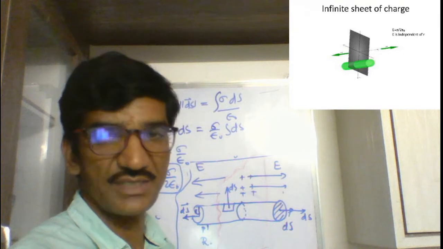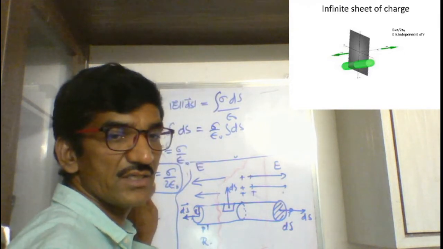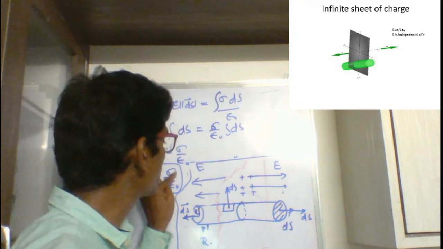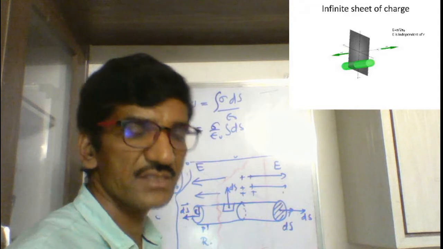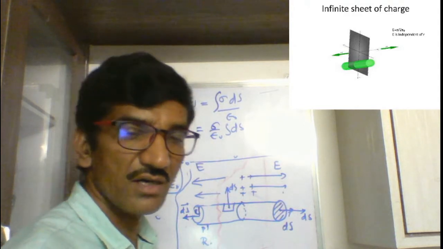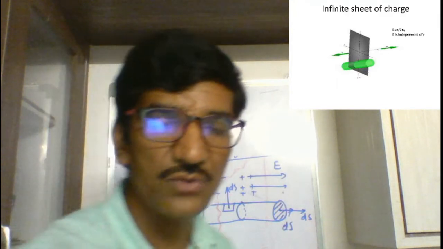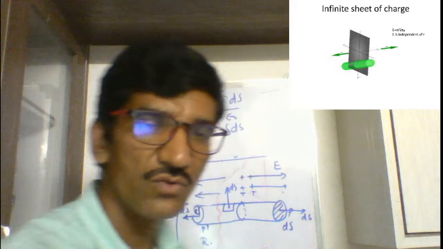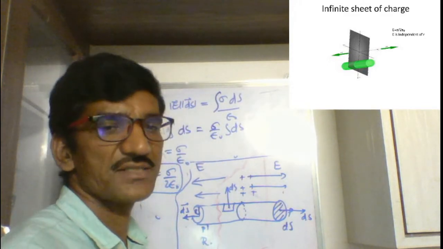What is the meaning of this? Your field intensity only varies with this sigma. If you increase the sigma of the plate, if you increase the surface charge density on the infinite charge sheet, then you will have more electric field intensity on both sides of that sheet.